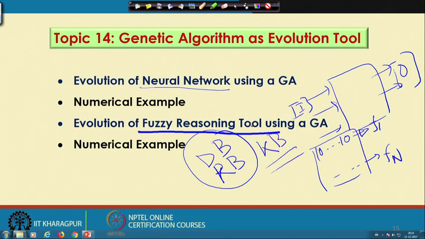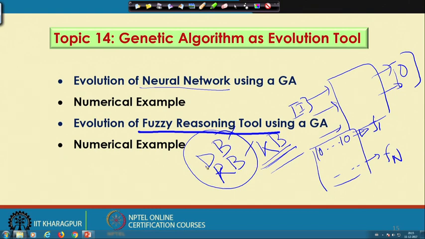Now, the performance of the fuzzy reasoning tool depends on this knowledge base, that means it depends on the database and rule base. Database is nothing but the membership function distribution of the different linguistic terms used to represent the variable, and the rule base actually relates the inputs and the outputs.